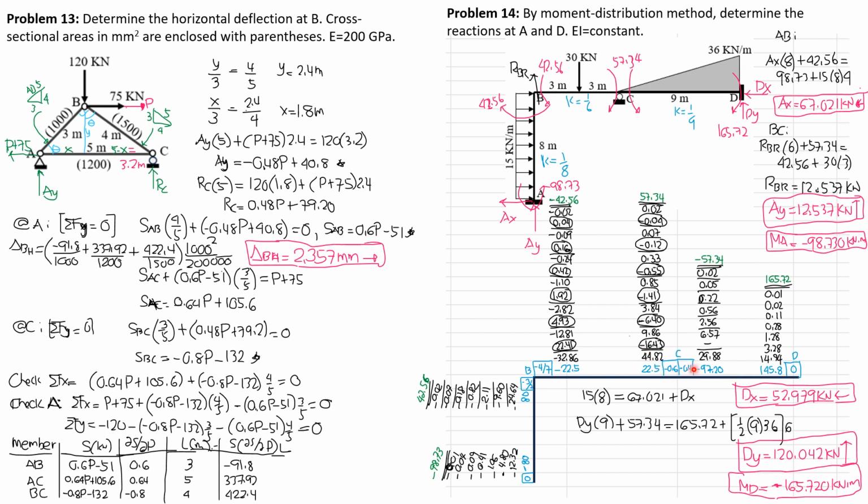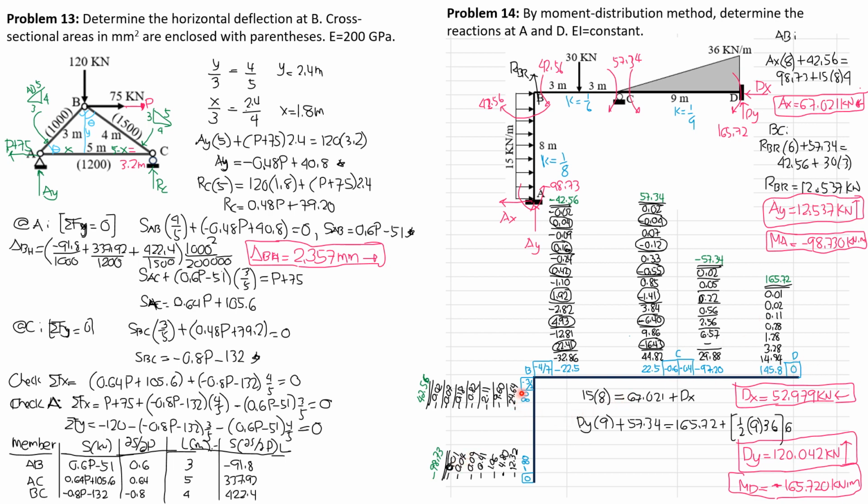Replace 0.6 by 0.4, 29.88 lakh. Of course, 145.8 times 0 is 0. I'm not showing the zeros anymore. So with this, we'll just receive carryover from this end. The distribution factor is always 0, so it cannot distribute unbalanced moments. Same is true here.